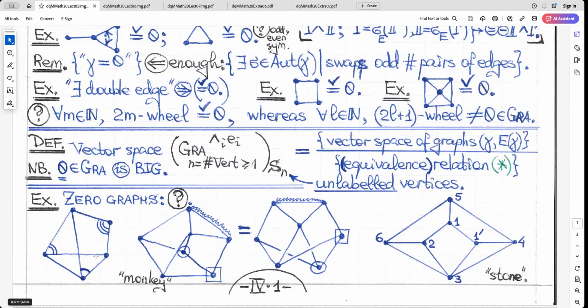Also, in a wheel we have no vertices with two neighbors, and here we do. So it is not a wheel. No, I appreciate your question. We shall soon understand that all of these graphs are obtained from wheels by taking some graph differential.